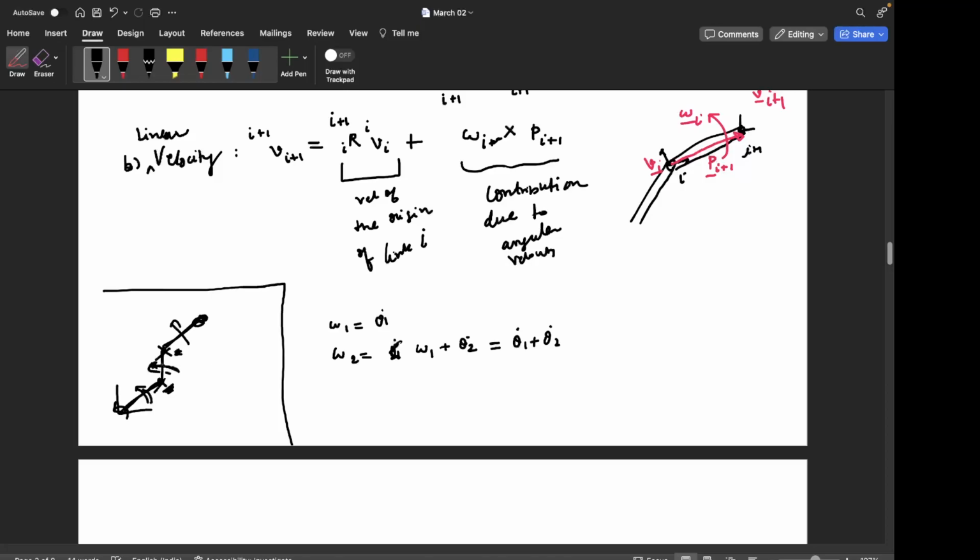So the second link is being moved by this also, and this also. So the angular velocities of both these joints or motors will be added.